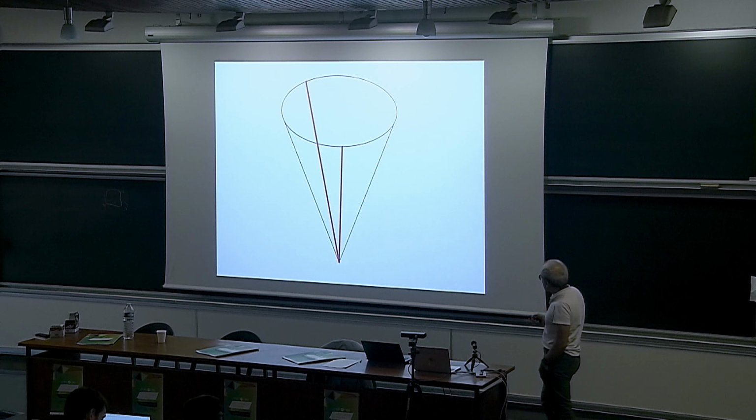So here in red, I draw two rays corresponding to, say, two minimal vectors. Those are the Q of x1 and Q of x2.